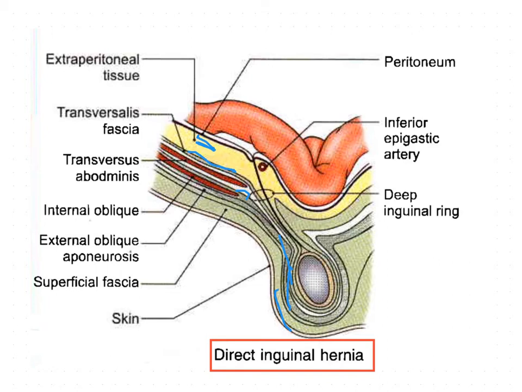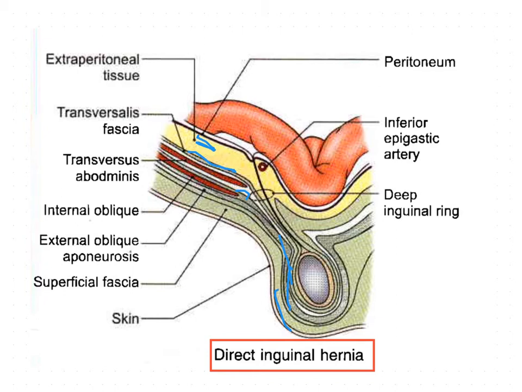One is the extraperitoneal tissue, then transversalis fascia, cremasteric fascia, and then the external spermatic fascia. As we know, the cremasteric fascia and external spermatic fascia are the coverings of the spermatic cord.